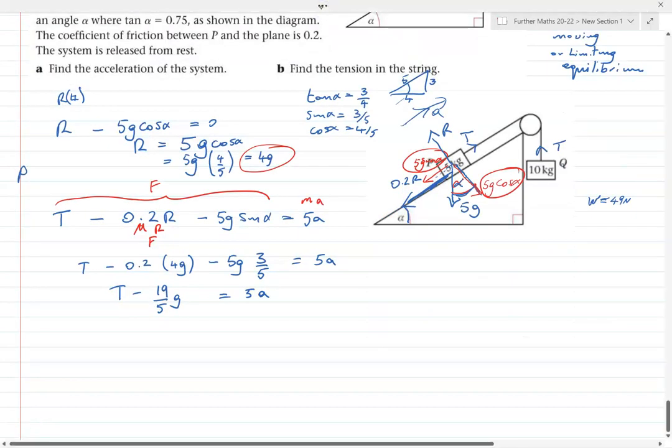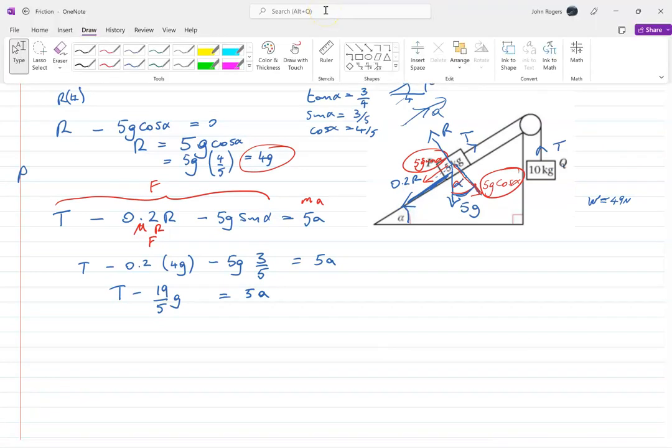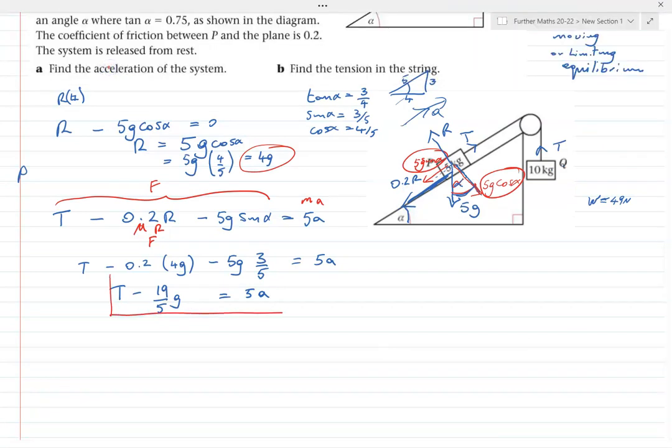So that's going to be a pretty useful equation that I'm going to use, because I've got T in terms of a, and you're going to see this is a pretty common scenario here. That's just dealing with P. So for the whole lot of this, we've kind of done three things really.